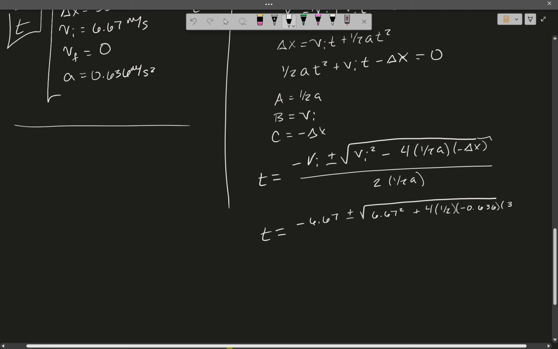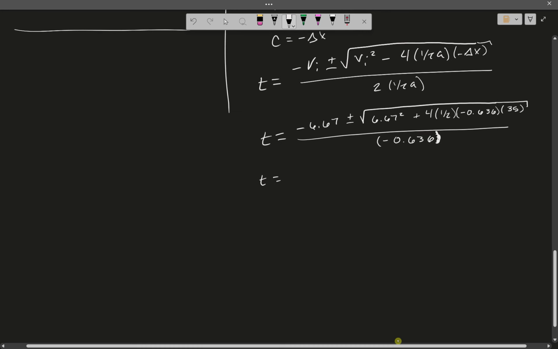My change in position was 35. I already accounted for that negative sign. And this will be divided by 2 times 1/2, which is going to be 1, times negative 0.636. And now we just need to punch this in the calculator.